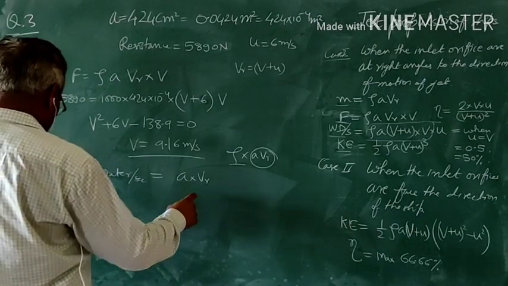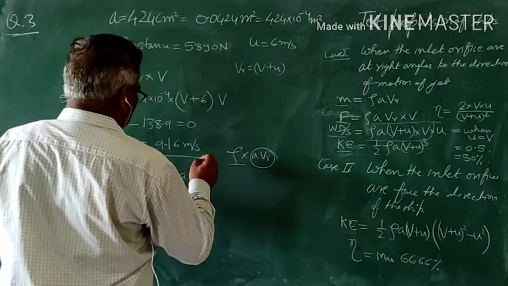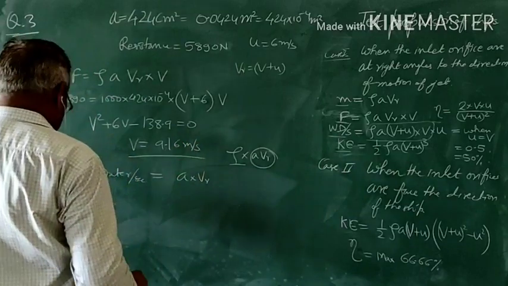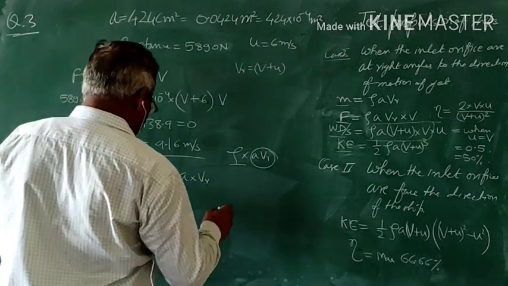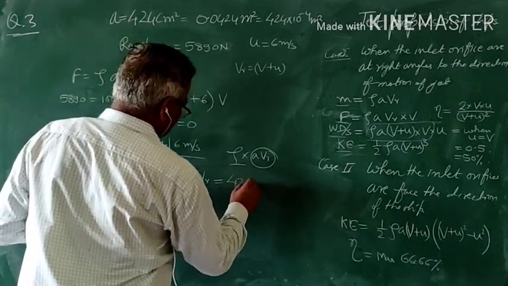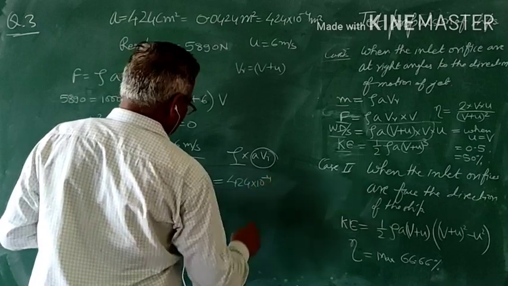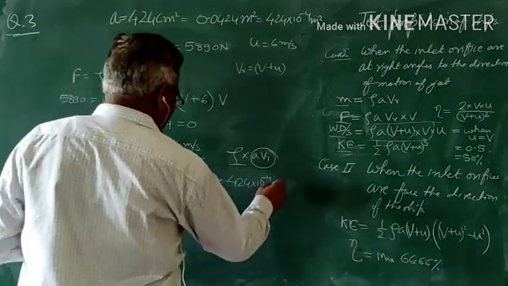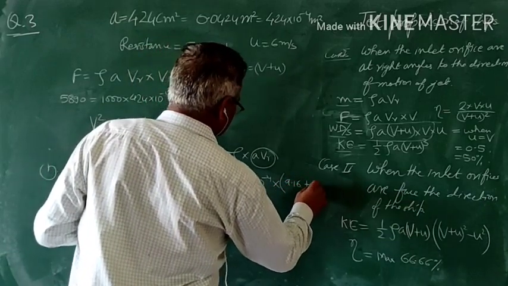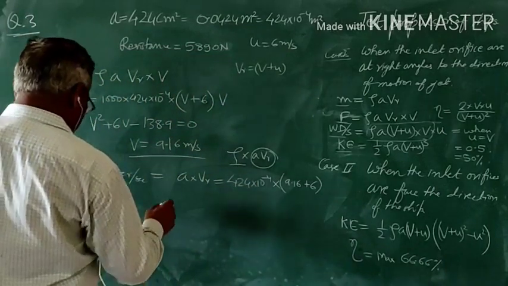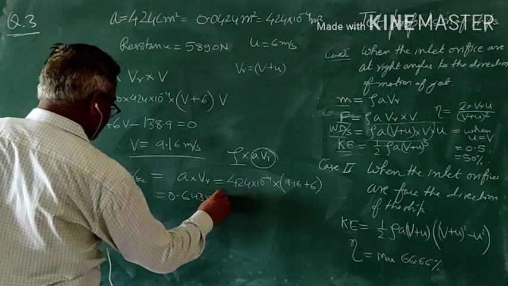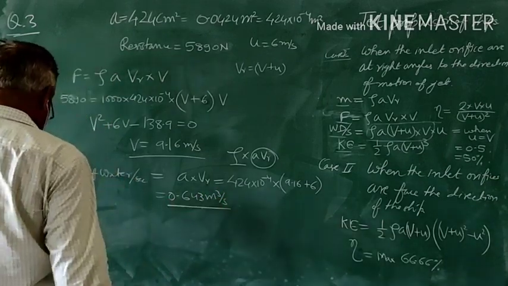So it will be A into VR, and VR we now know, because V is 9.16 and U is 6, so it will be the sum of these two. Substituting the values, the area is 424 into 10 to the power minus 4 meter square multiplied by VR, that is 9.16 plus 6. So it comes out to be 0.643 meter cube per second. So this is the first answer.